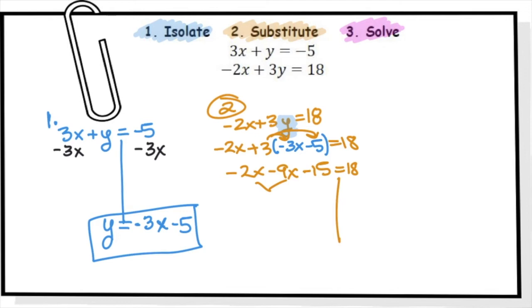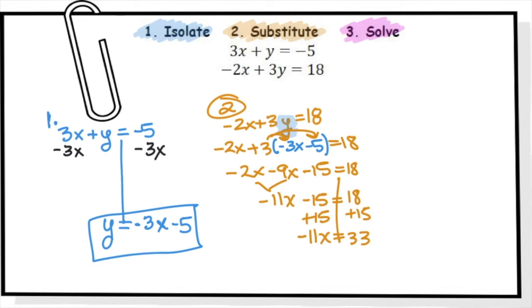Negative 2x and negative 9x is negative 11x. Minus 15 equals 18. And now I'm going to add 15 and add 15. Negative 11x equals 33.